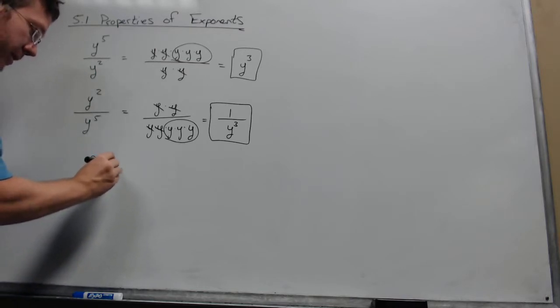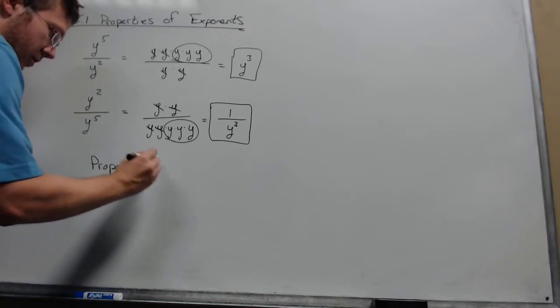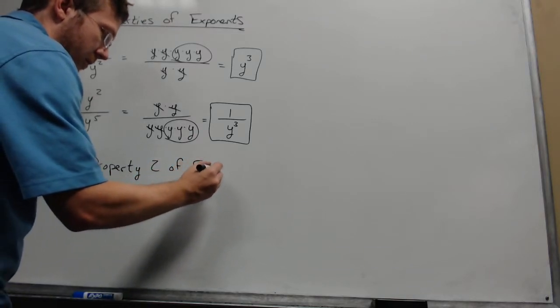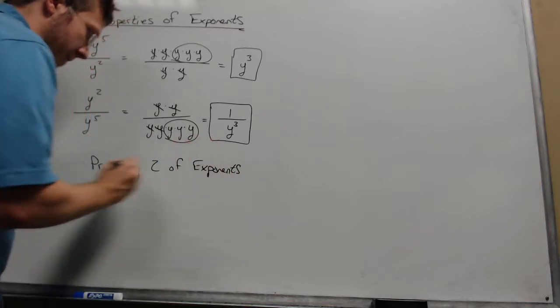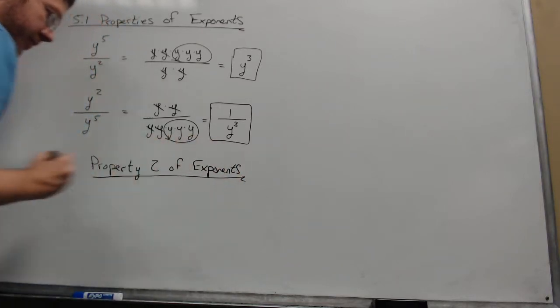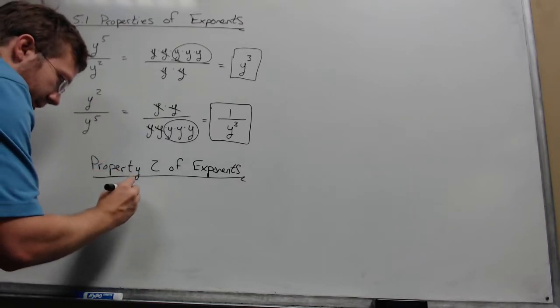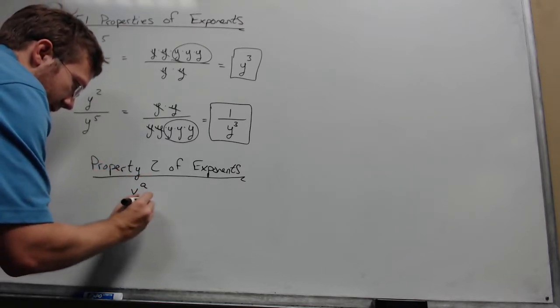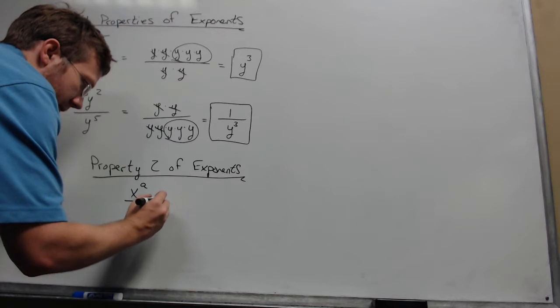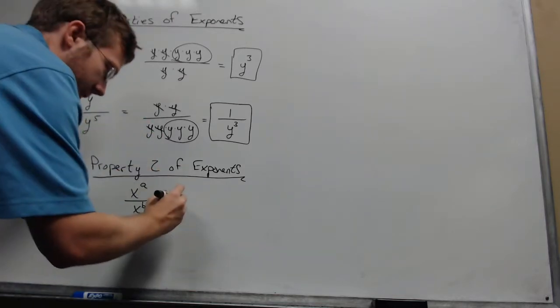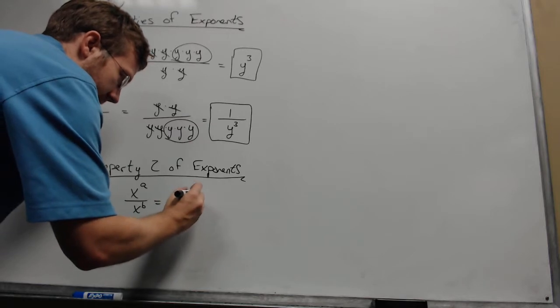So we'll call this property 2. And we'll say, okay, x to the a over x to the b equals x to the a minus b.